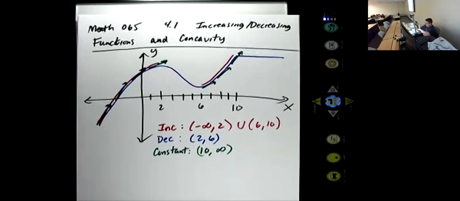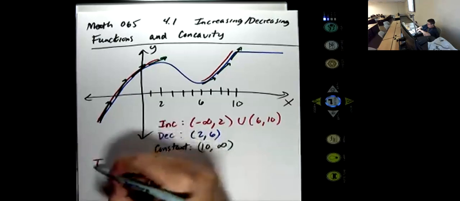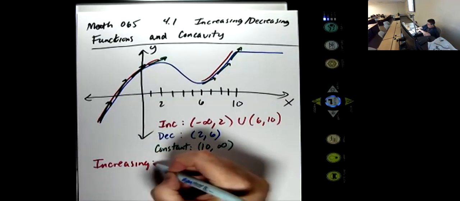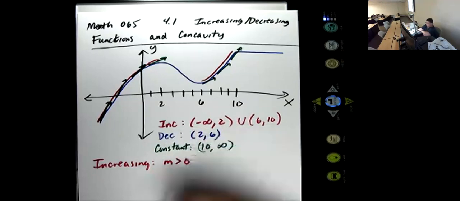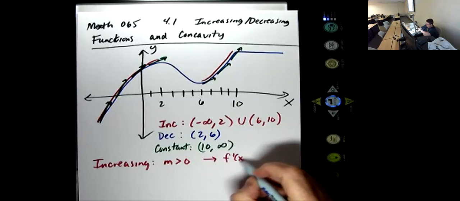It looks like everywhere that the region's increasing, m is greater than 0. And if m is greater than 0, that means f prime of x is greater than 0.